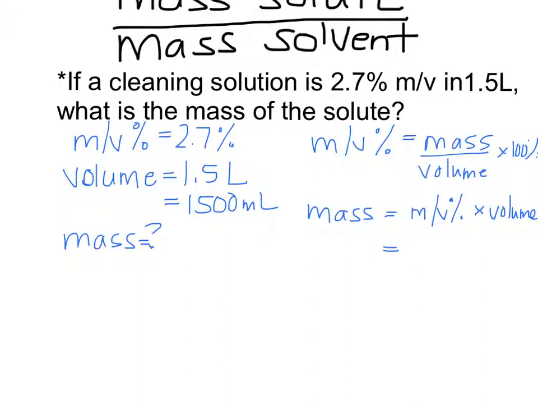Is it okay if I just write 2.7%? If I do that, you know that you have to do something with that on your calculator. You either have to use the percent button or divide 2.7 by 100. Times 1,500 milliliters.